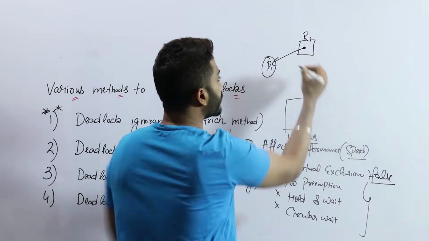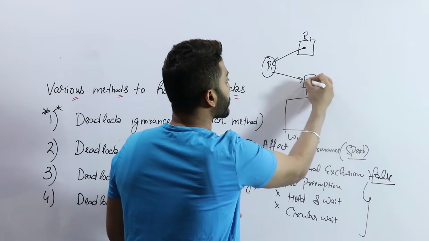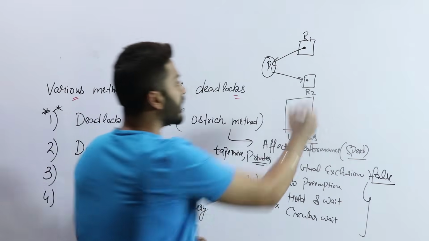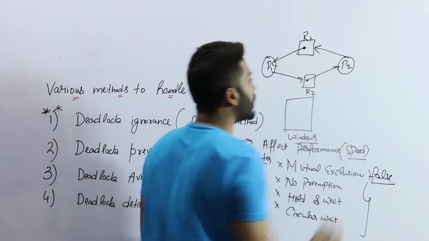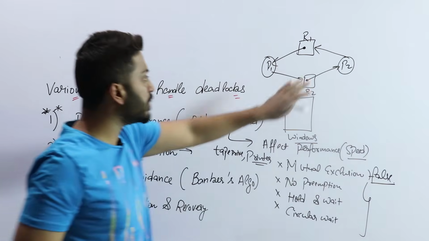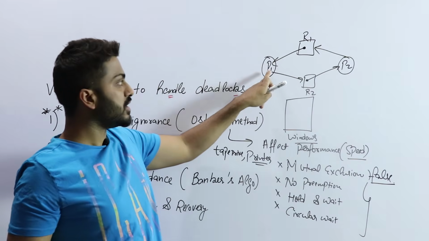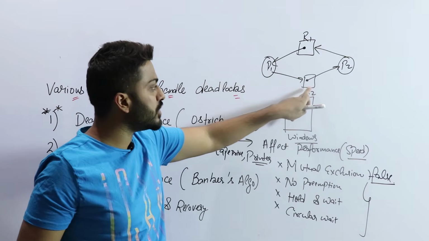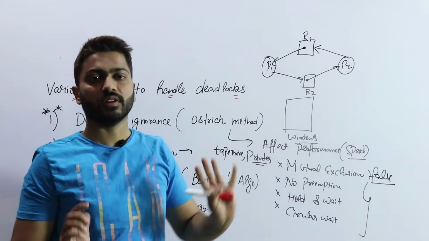Let's say there is one resource R1 which is taken by P1 and resource R2 is taken by P2, and P2 is requesting for R1. This is a simple representation. R1 is taken by P1 requesting for R2. R2 is taken by P2 requesting for R1.